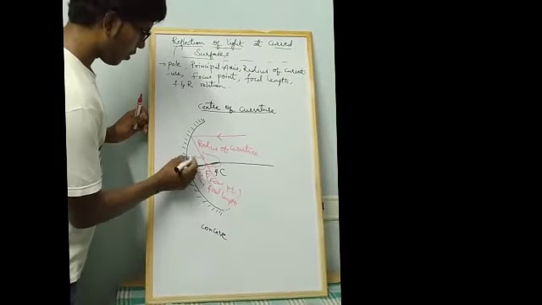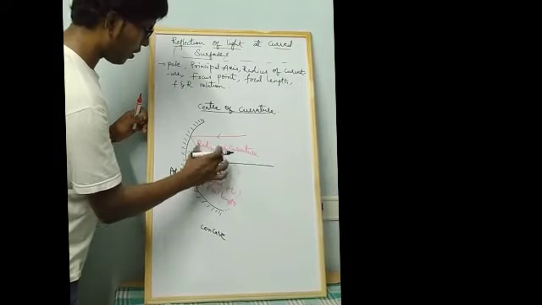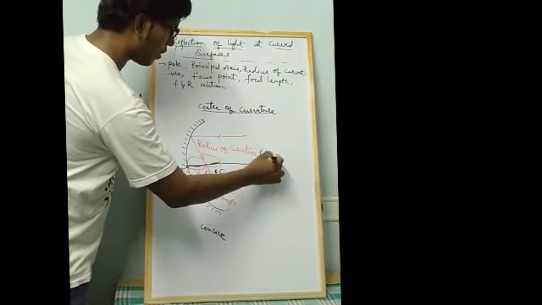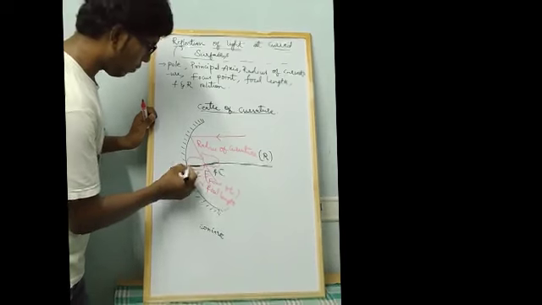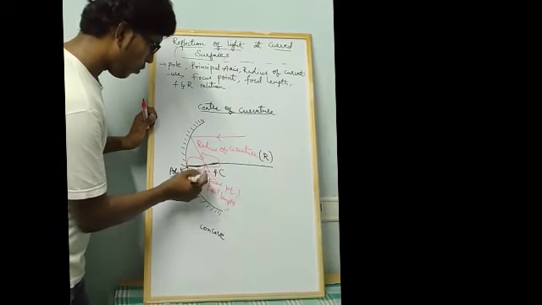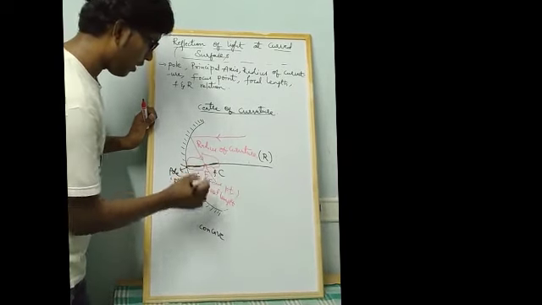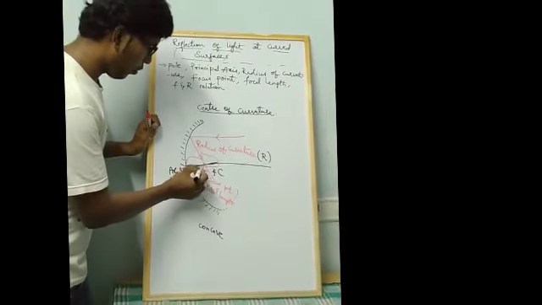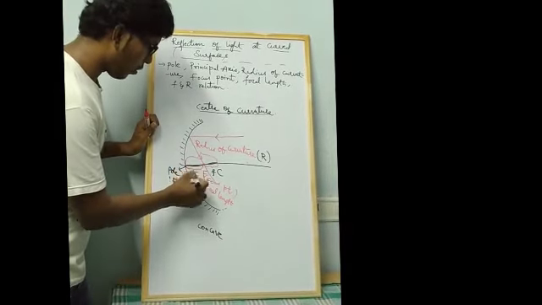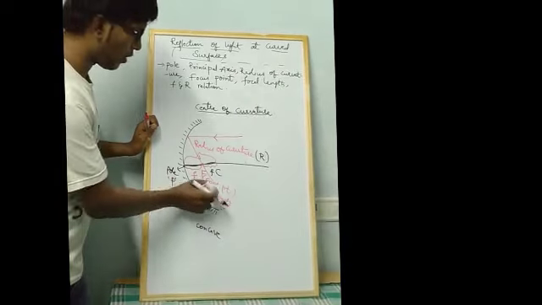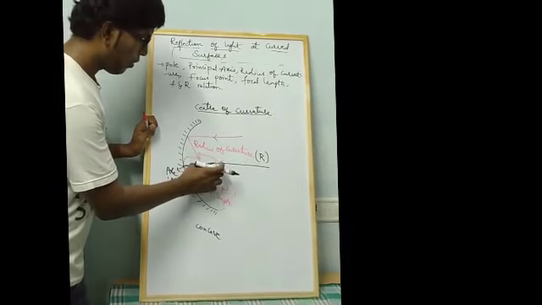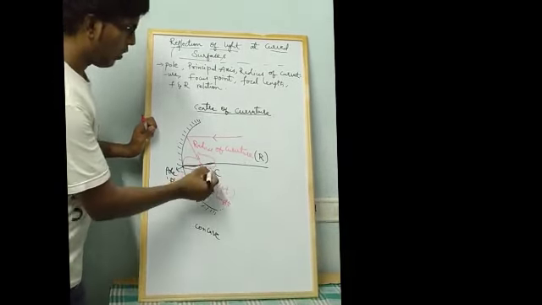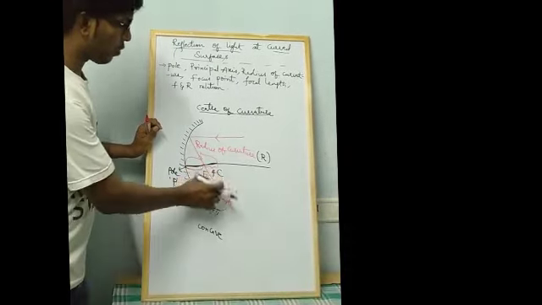From pole to center of curvature is the radius of curvature, and the midpoint is the focus point. From pole to focus is the focal length, and from focus to center of curvature, denoted with small f, is also the focal length.